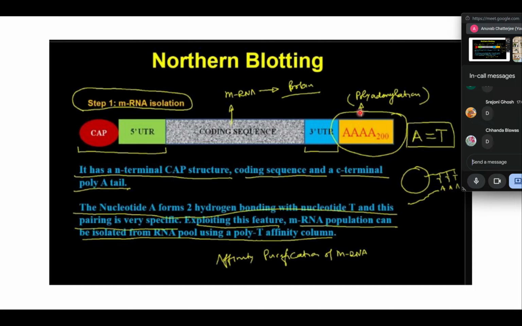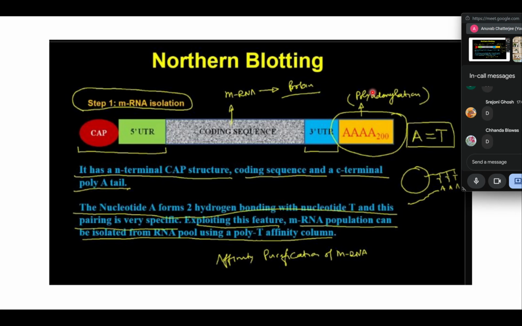By that time, the mRNA would be translated. So this is one of the functions of the poly A tail. The other can be regulation of how the mRNA is used for translation. And another thing that we use the poly A tail for is to isolate mRNA.